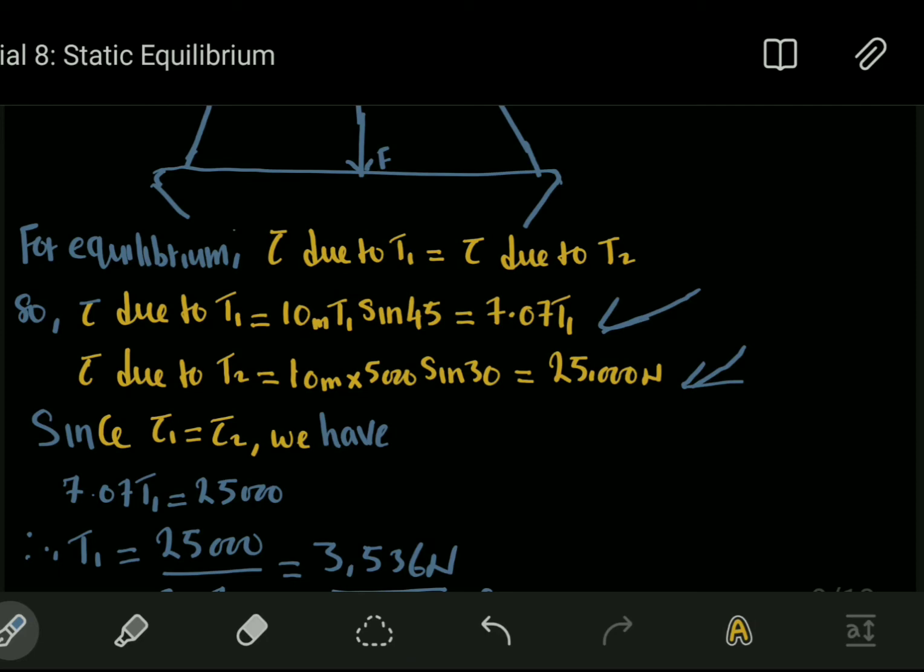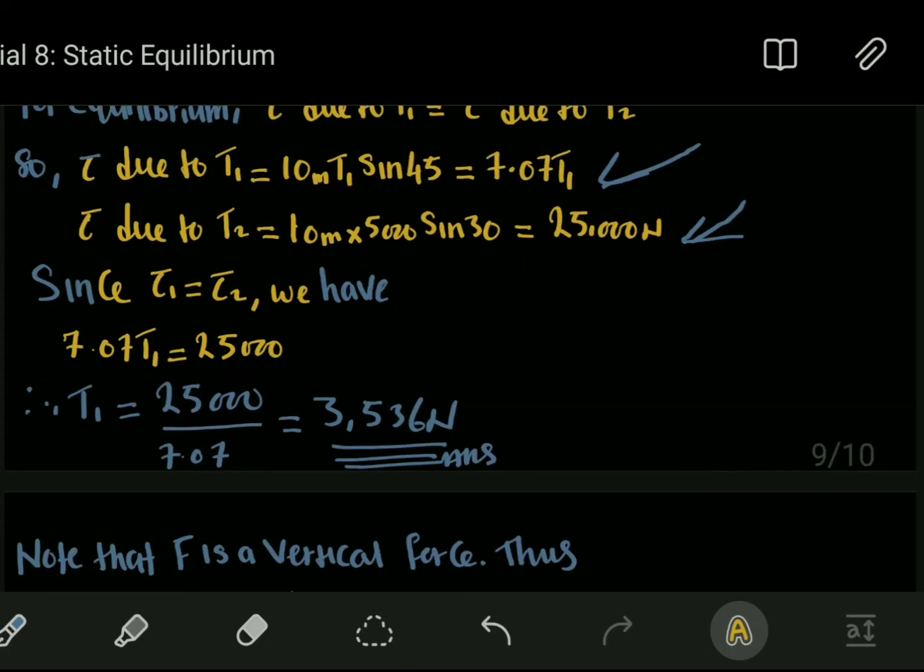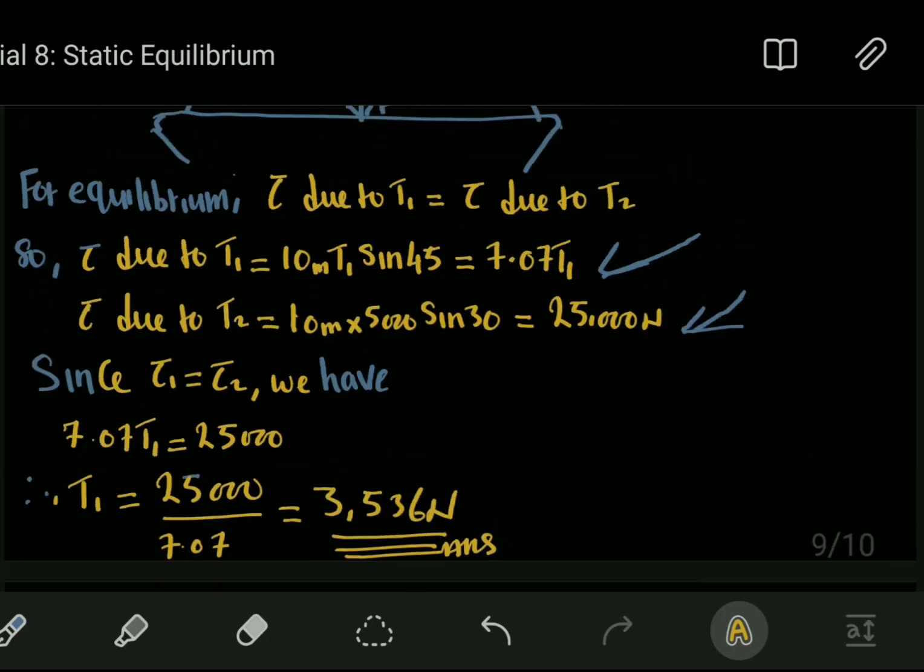We are going to have 7.07 T1 equals 25,000 newtons, from which we are able to obtain the value of T1 as 3,536 newtons.